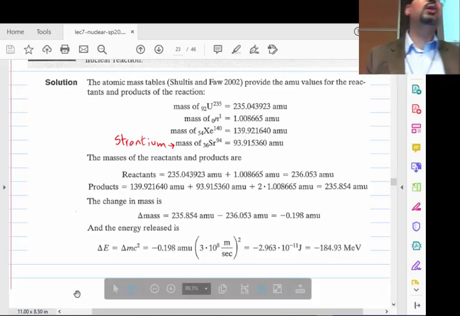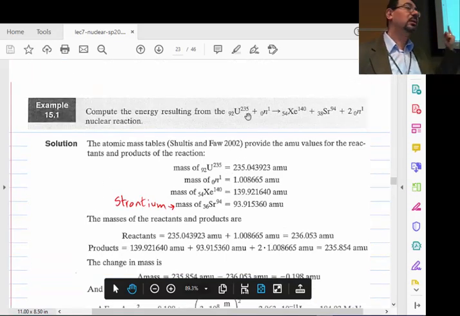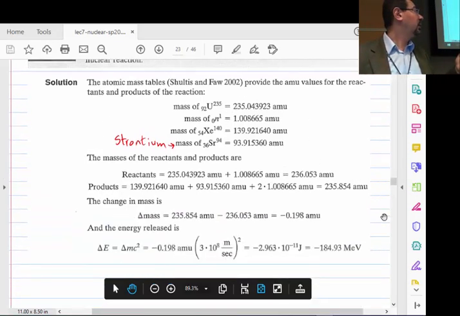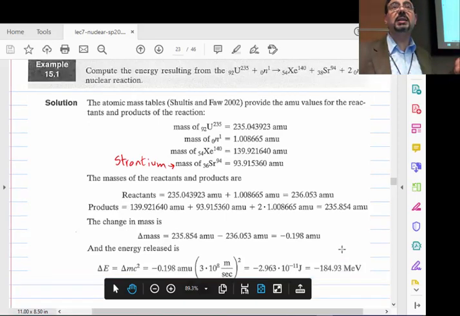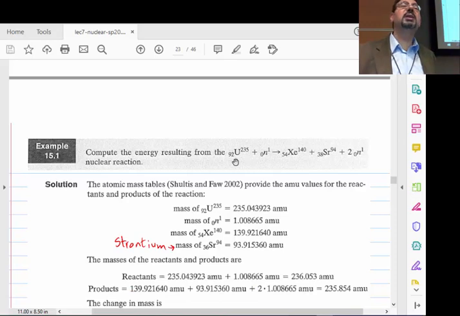Okay? So you need two numbers to do this calculation. How much energy is coming from the split of one atom, and that number is 200 mega electron volt. And the second number that you need is what is the mass of one atom of uranium-235, and what is that mass?